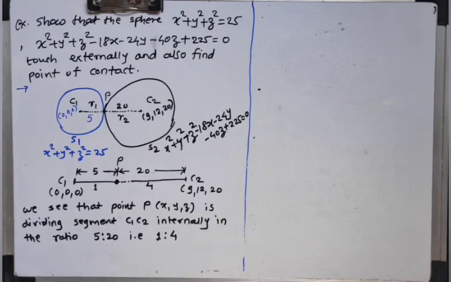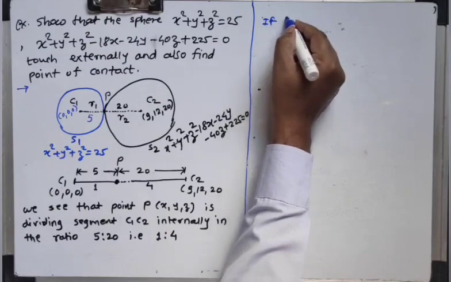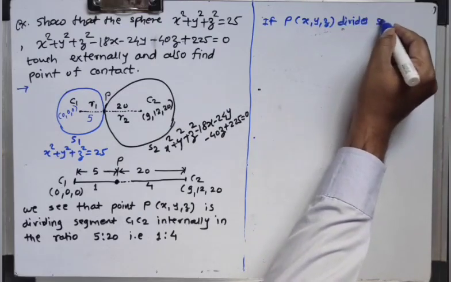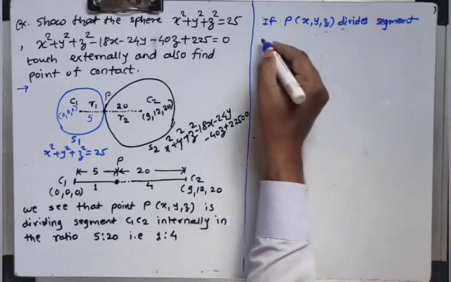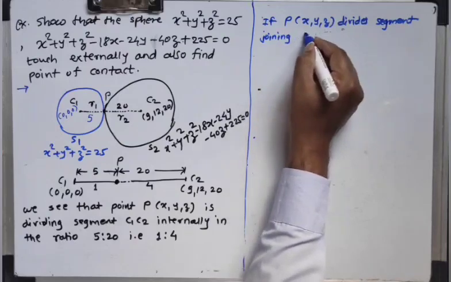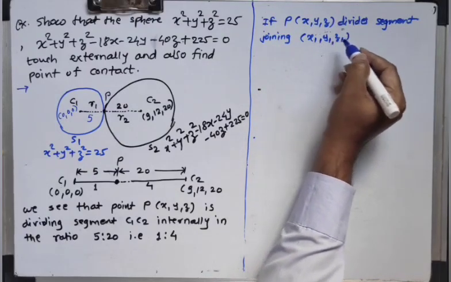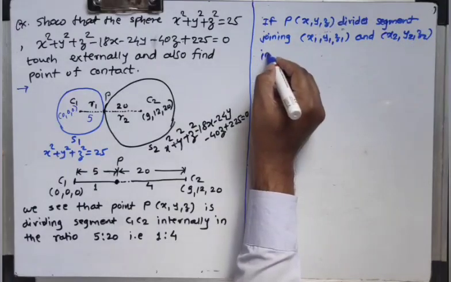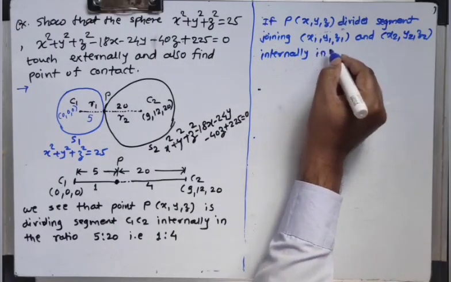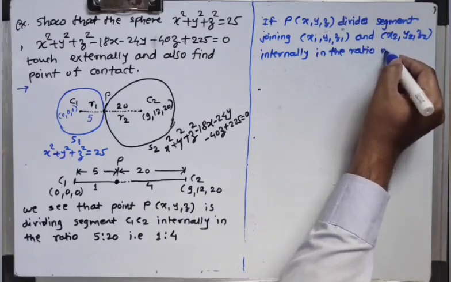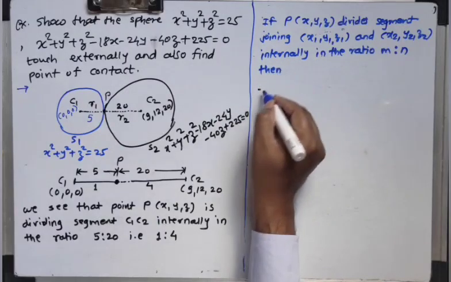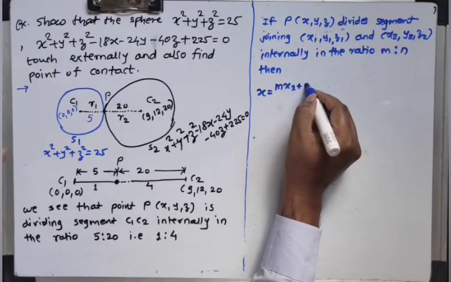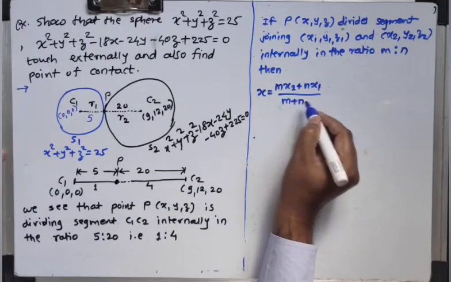What is that section formula? If point P x, y, z divides segment joining x1, y1, z1 and x2, y2, z2 internally in the ratio m:n, then x coordinate of the point P is given by formula mx2 plus nx1 divided by m plus n.